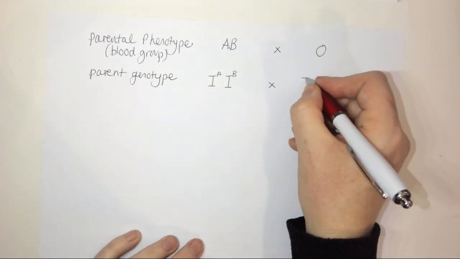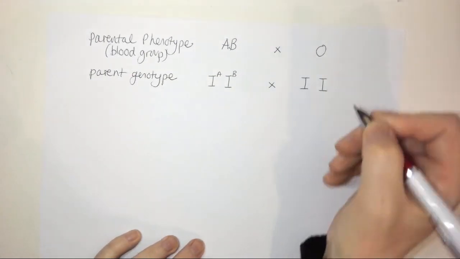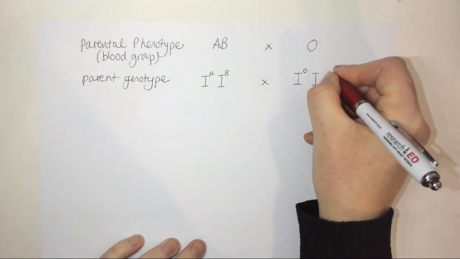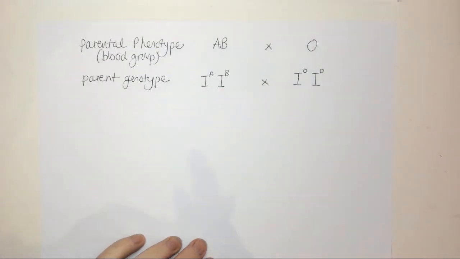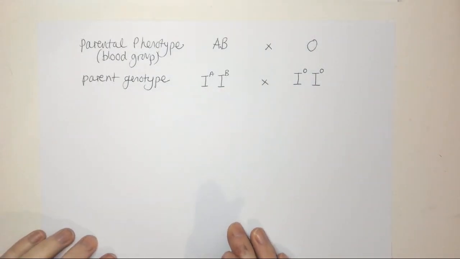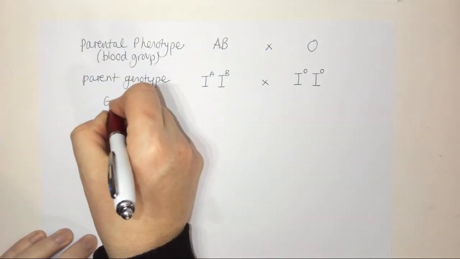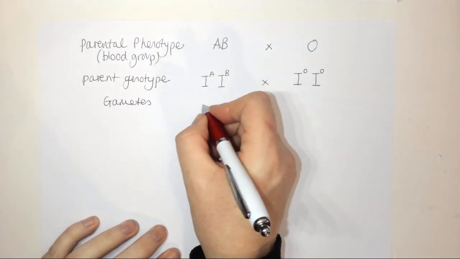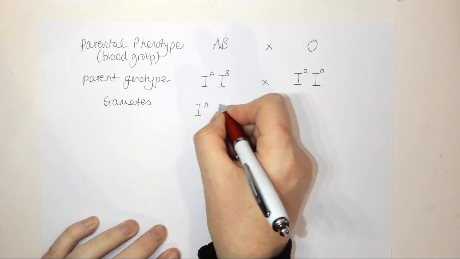And can you think what the alleles are for somebody with the blood group O? Yep, that's it. We've just got two O's there because it's the recessive condition. Let's do our gametes. Separate these out into our circles.